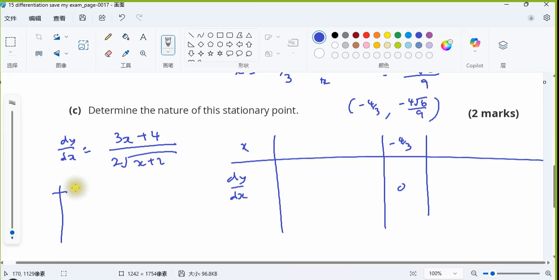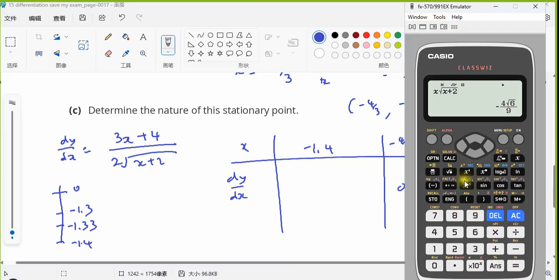So we test negative 1.4 and negative 1.3.